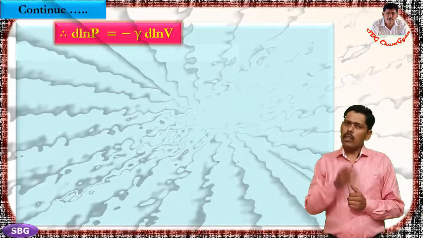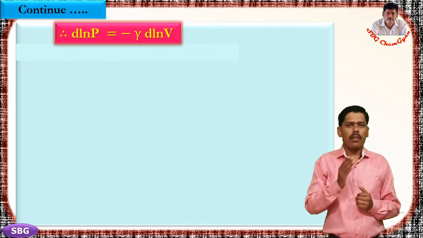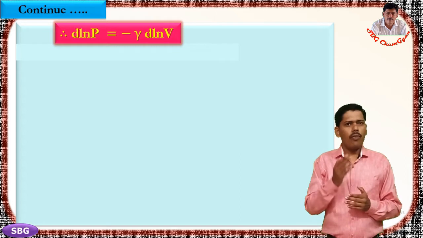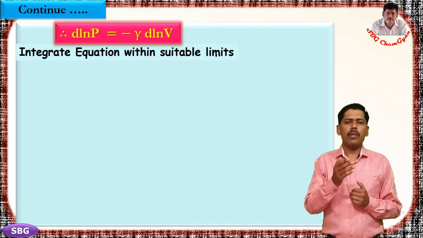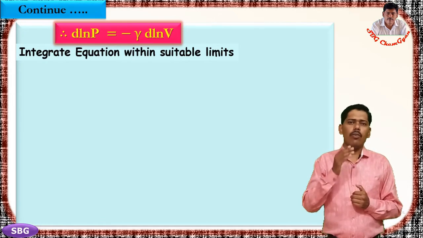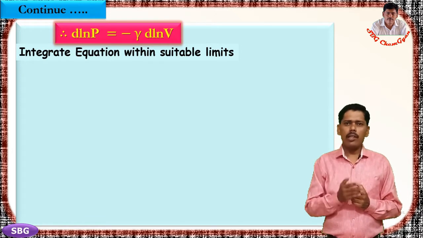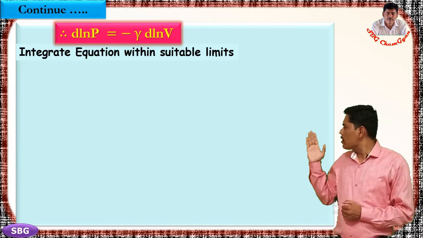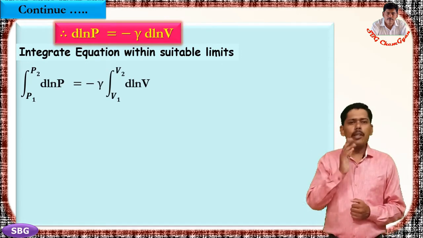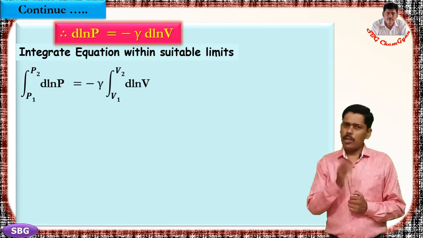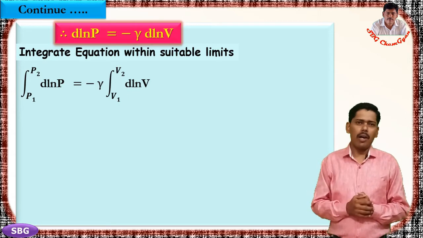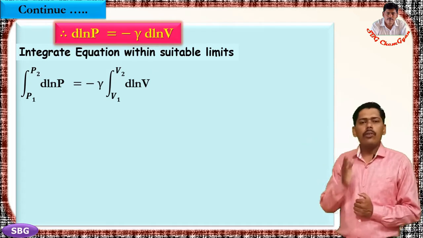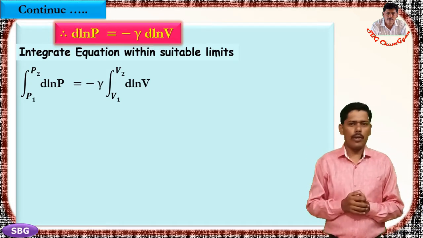Since we replace Cp by Cv is equal to gamma, then we get d ln P is equal to minus gamma d ln V. Integrate this equation within suitable limits, that is for P we use limits between P1 to P2 and for V we use limits V1 to V2. Then we get the integration of d ln P within limits P1 to P2 is equal to minus gamma into the integration of d ln V within limits V1 to V2.